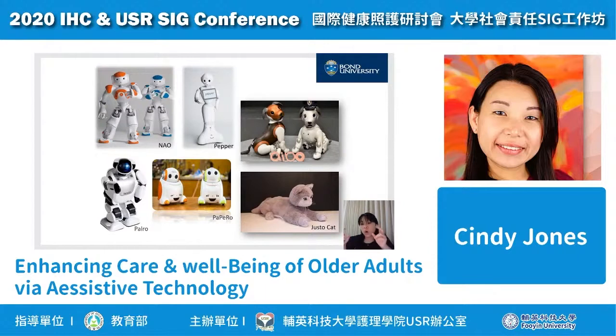It doesn't feel very plush. It feels more like a robot. You can feel the hardness in it, and it only moves in a certain way, and when it moves, you can hear the mechanical sound in the movement. So I'm not really a big fan of JustoCat, but if you have a chance to experience it, you might have a different experience, or you might feel differently to me.